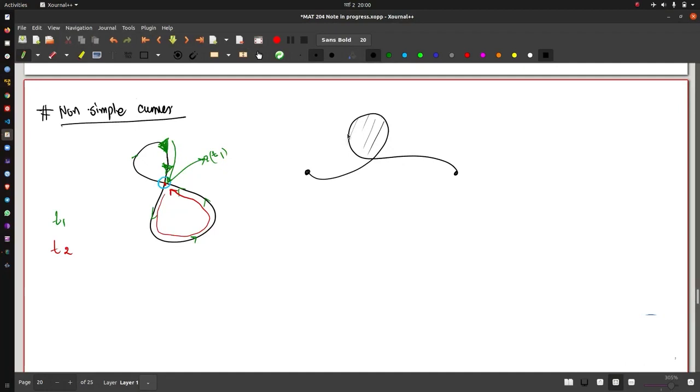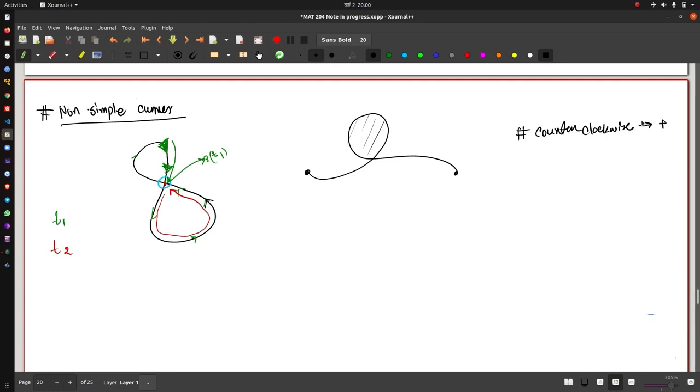So how do we traverse these curves? Well, again, as I mentioned before, when we traverse these closed curves, we in general take the counterclockwise direction to be positive unless otherwise specified.